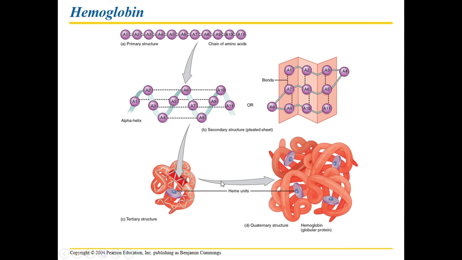And then for hemoglobin to take on its final structure, we have this quaternary structure, which is a bunch of tertiaries put together. I will say some proteins will stay in the primary structure, some will stay in secondary structure, but yeah, this is just one example.